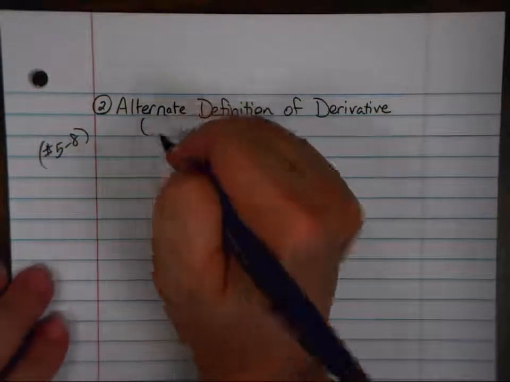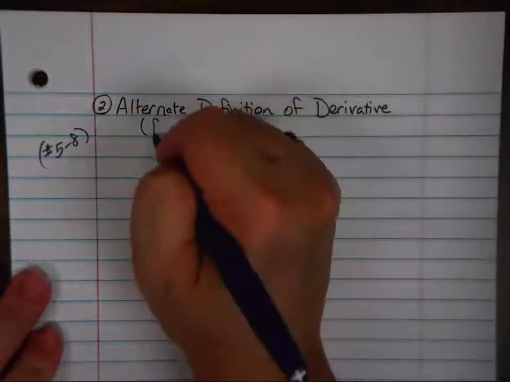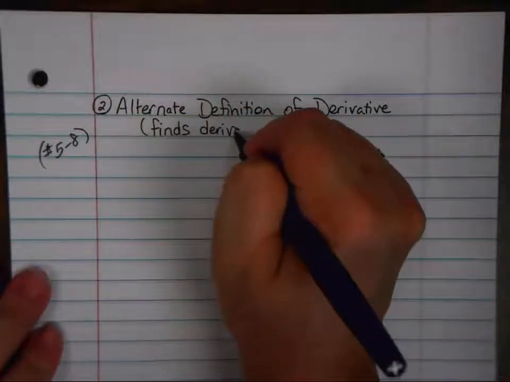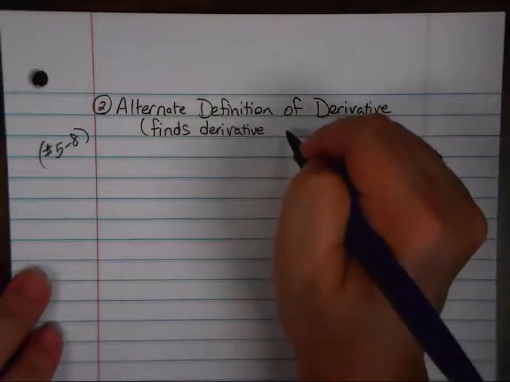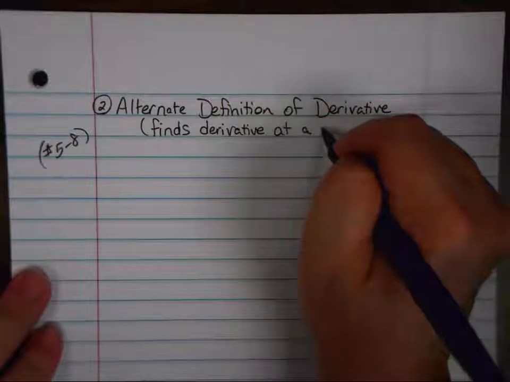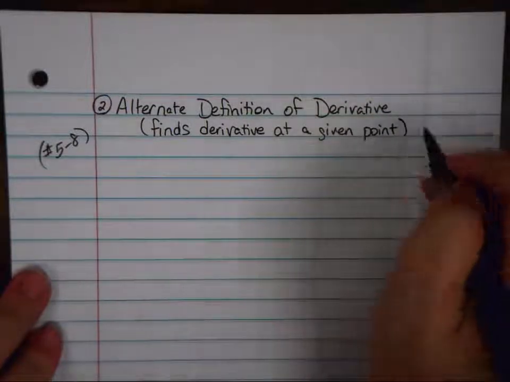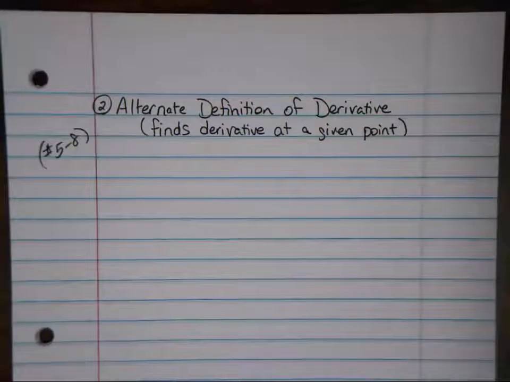Underneath what you just wrote for the title, please write this down. This finds the derivative at a given point. So for this definition, they're going to say, find the derivative at 2. Find the derivative at negative 5. Something along those lines. They're always going to give you a point if you're going to use this definition.